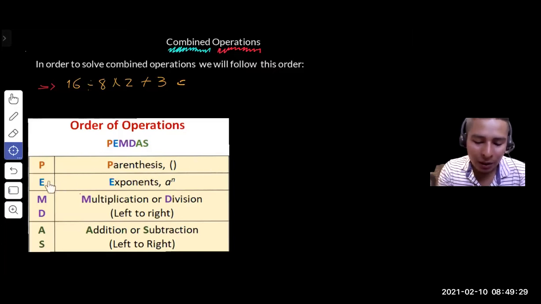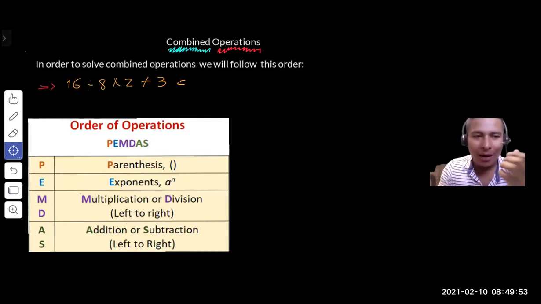The second is E, which stands for exponents. Exponents are the second operation I have to develop. And number three will be multiplication or division. This depends on which appears first, left to right.